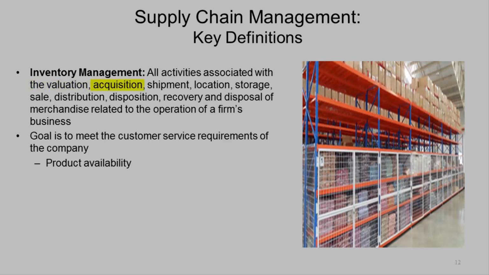We have to go out and acquire inventory. Maybe it's raw materials for production. Maybe it's finished goods because we're a wholesaler. Again, it depends on the business model. We have to move that inventory around in shipment fashion. We have to make strategic decisions about where to locate inventory. Are we going to have a warehouse in Singapore that handles all of our business and all of our orders for Southeast Asia?